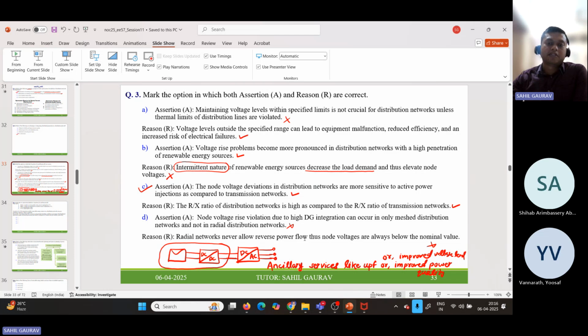What is reactive power? Reactive power means your current is not in phase with the voltage. That is the simple meaning of reactive power. So for the inverter, why can it not supply reactive power? It is obvious, whenever the current is not in phase with the voltage, certainly you are providing reactive power. It is very simple.